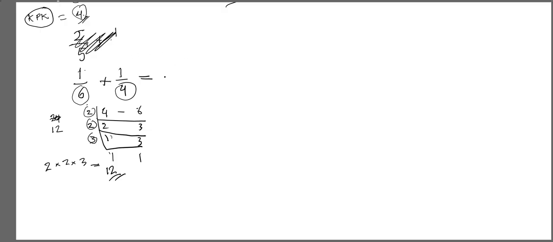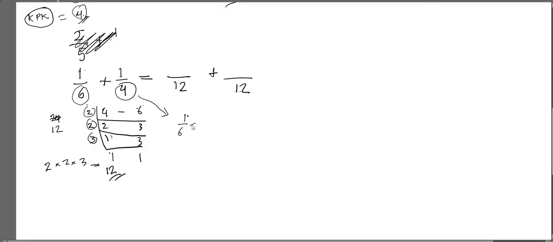Now for this, we have to make the denominator into 12. So here the logic is 6 times something equals 12, and 4 times something equals 12. First I will explain it here.